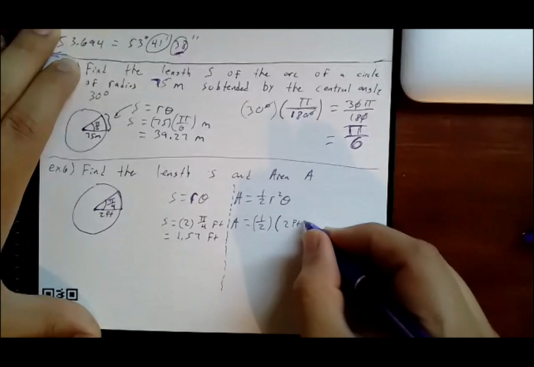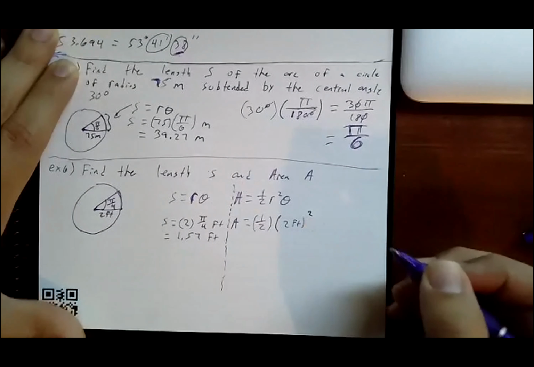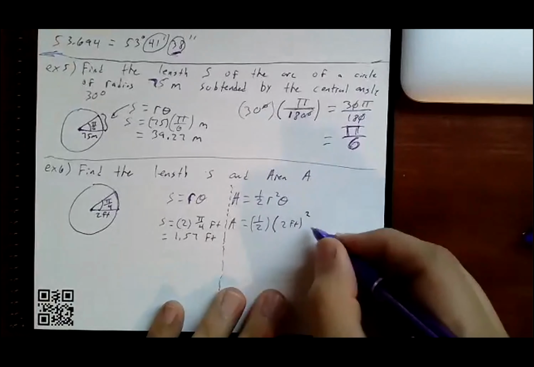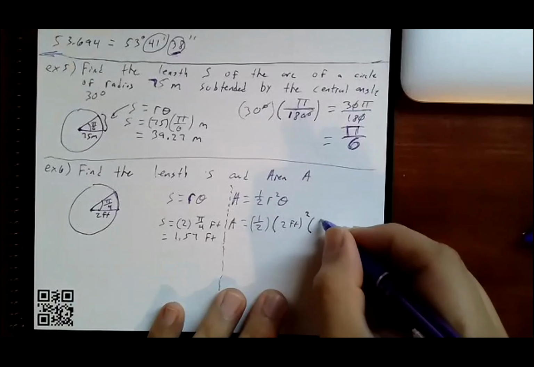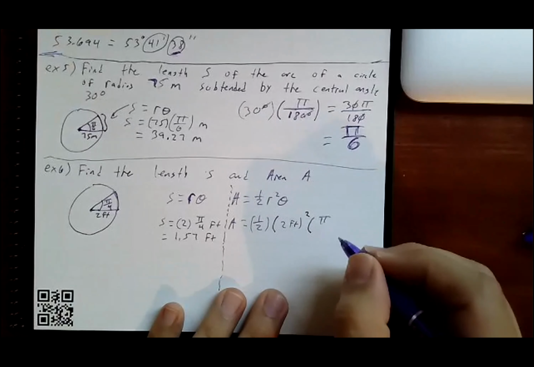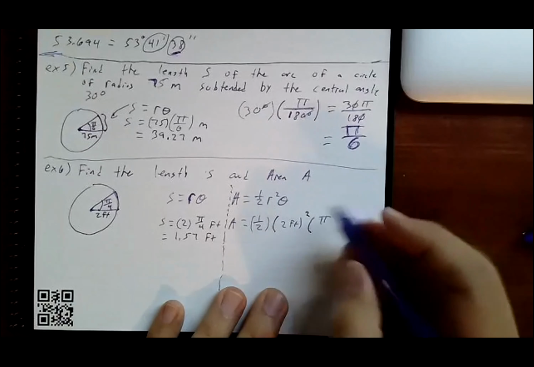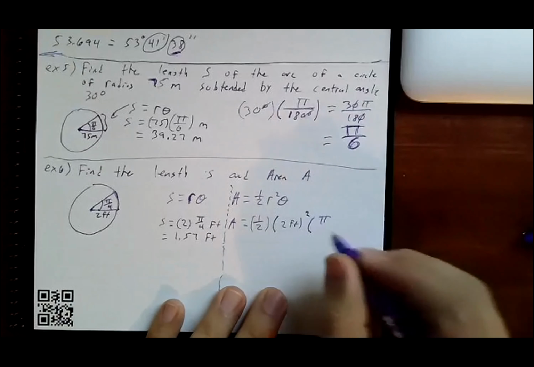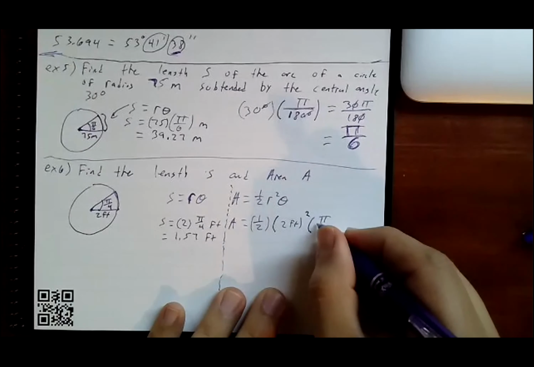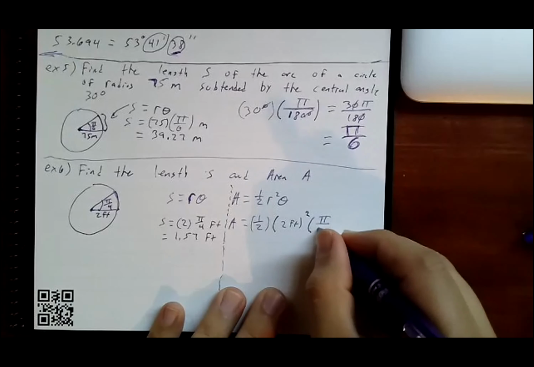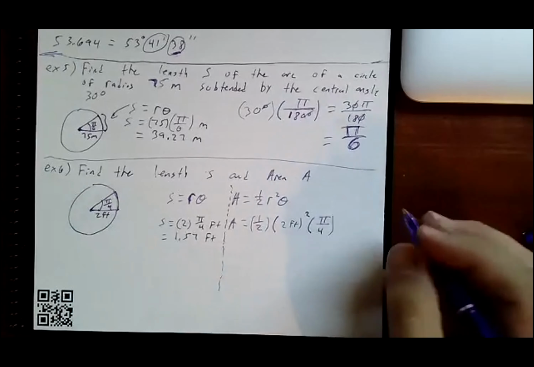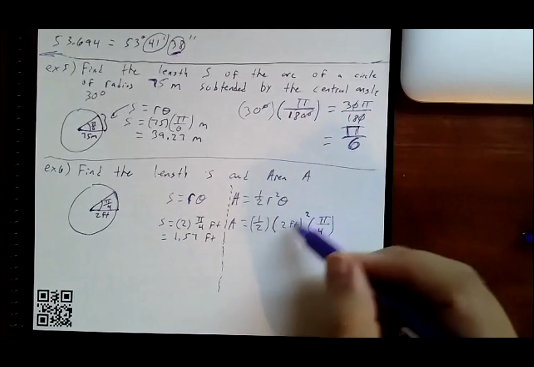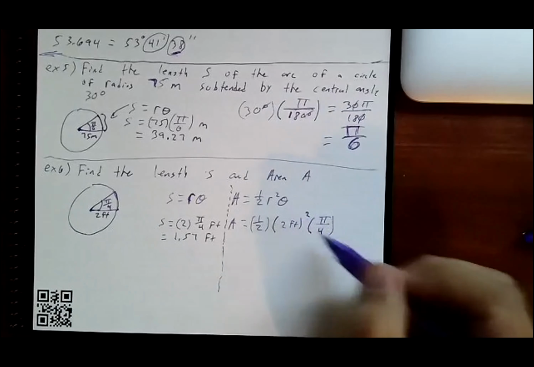I'm going to write the word feet because we're squaring the feet, which will give us feet squared because we're talking about area, right? So we need to have square feet. Okay, so this will be 4 feet squared times pi over 4.